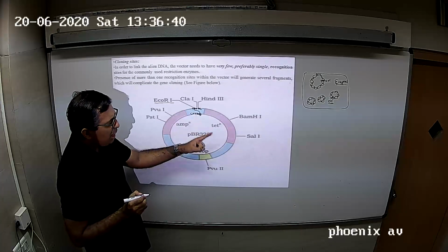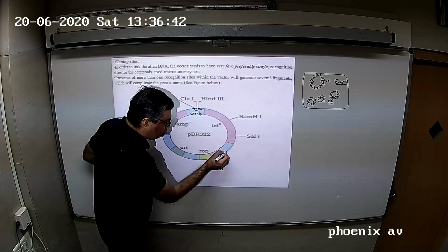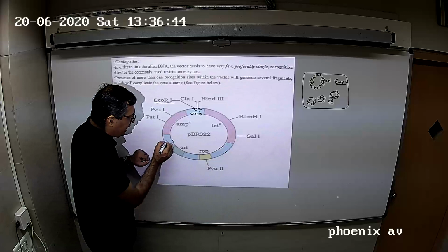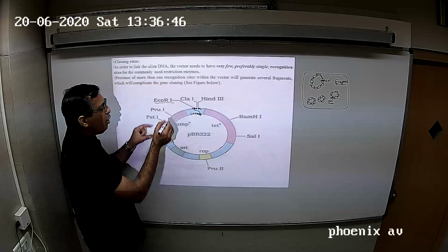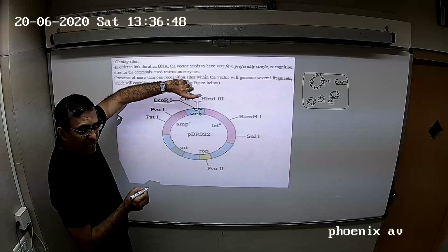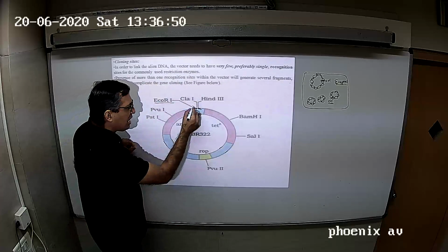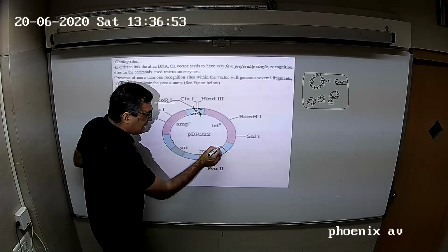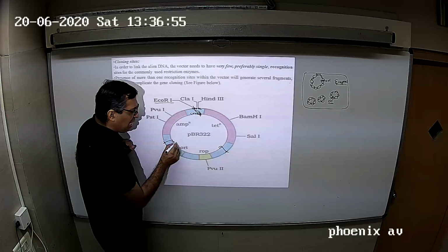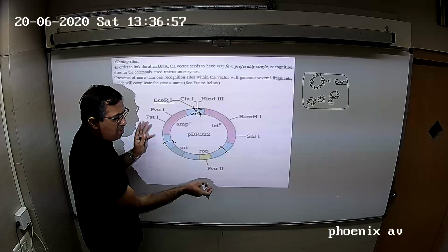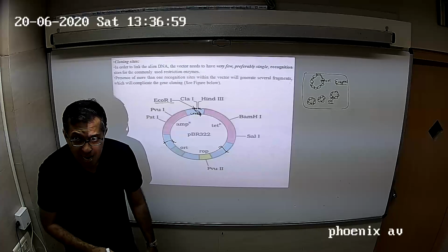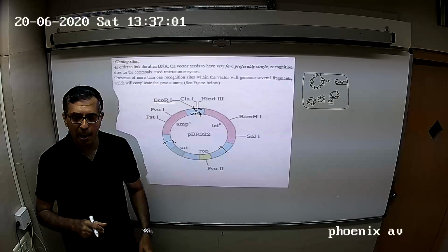If the same sequence was present here also, and the same sequence was present here also, then when you add EcoR1 onto pBR322, it would cut here, here, and here, and the entire plasmid will become multiple fragments, which will complicate the process.